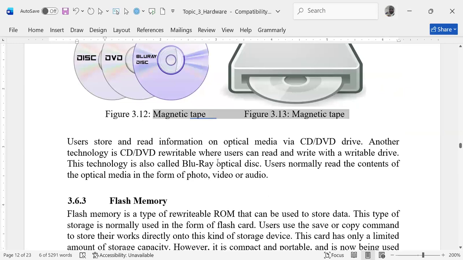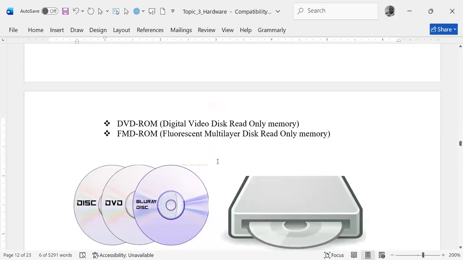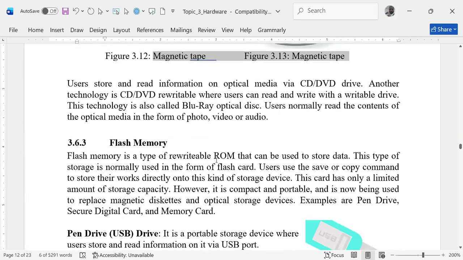So we have seen optical media, we have seen magnetic media, and then the last type of secondary storage is flash memory. Flash memory is a technology of RAM and ROM. You are aware RAM stores your work temporarily as long as power is on. ROM stores your work permanently. But this flash memory combines the two technologies.